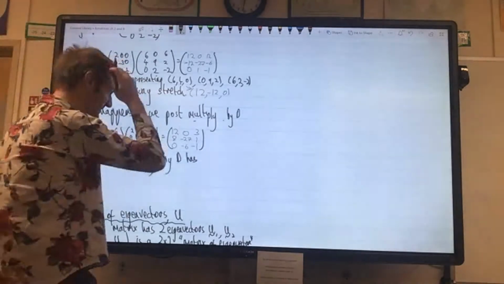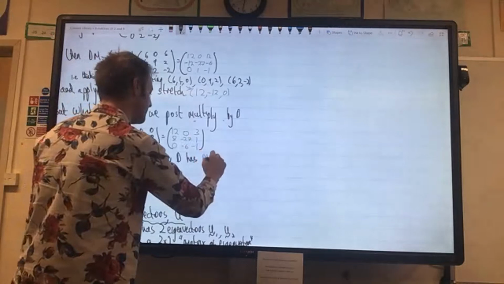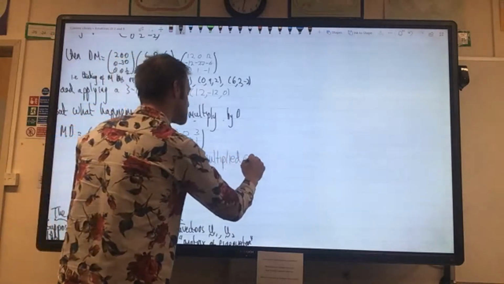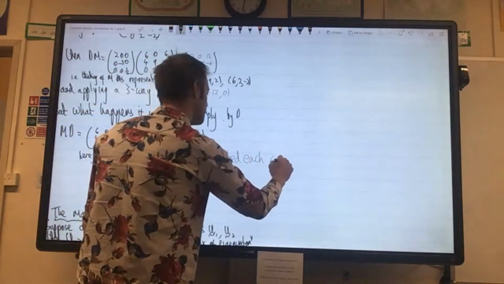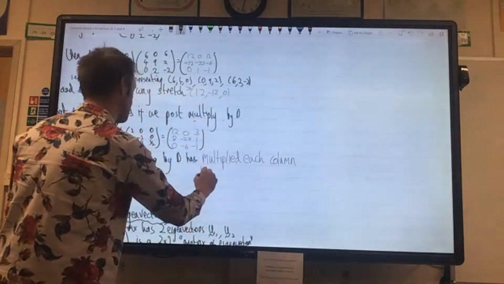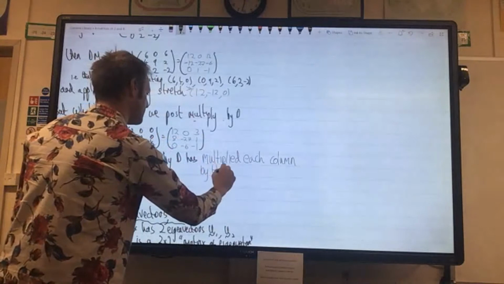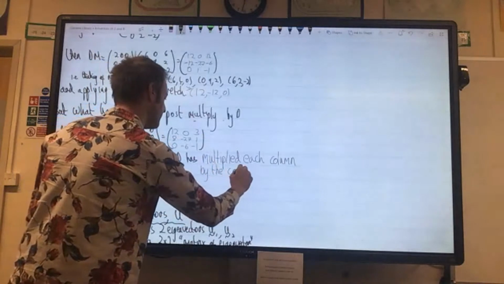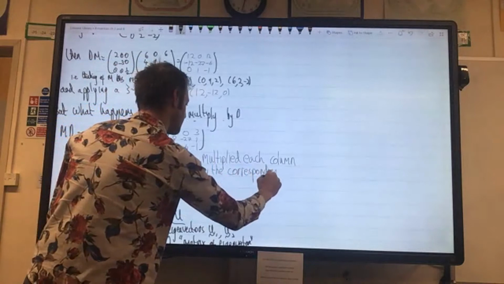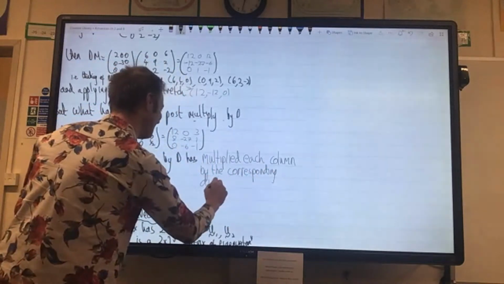So post-multiplying has multiplied each column by the corresponding diagonal element.